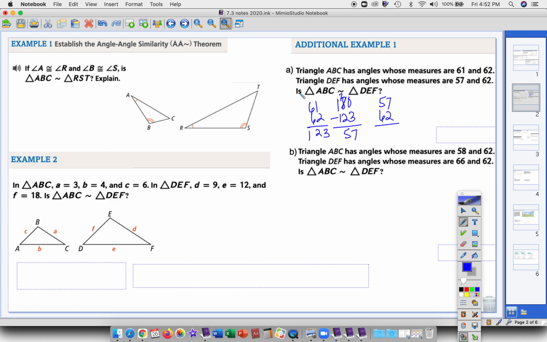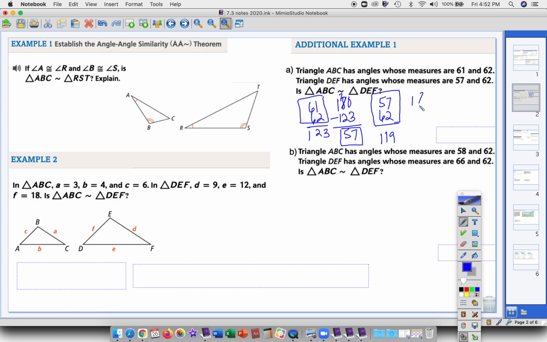So here are my angles: I've got the 61, the 62, and the 57. In the other triangle, I have the 57 and the 62. So I do have two pairs of angles that are congruent, 57 and 62. If I add these, let's just do it anyway, I'd get 119.